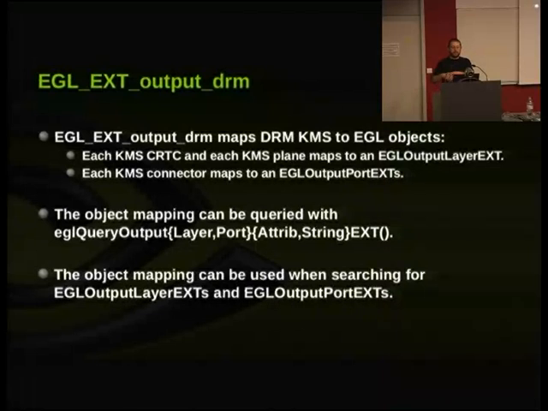So you can either enumerate the EGL objects and then query their correlation, or you can basically filter when you ask for the EGL outputs. You can say, just give me the EGL output layer that corresponds to a particular CRTC, or give me the specific EGL output that corresponds to a particular KMS connector.